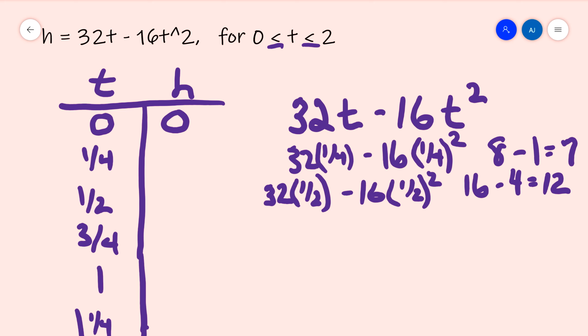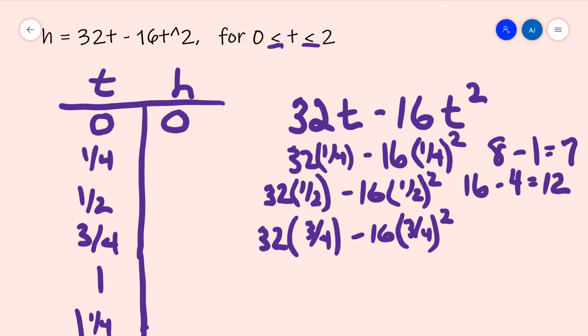And then we go ahead again to 32 times, what's the next? 3/4, minus 16 times 3/4 squared. Okay, so that looks like it'll give us 24 minus, and what's this one going to be? I've got to square this first, so that's going to be 9/16.